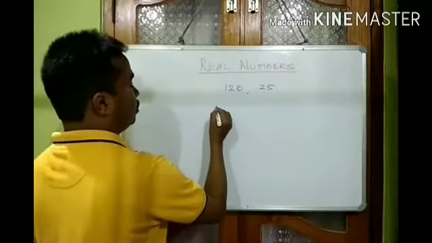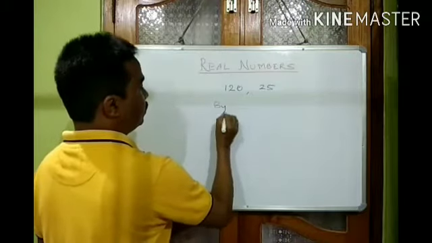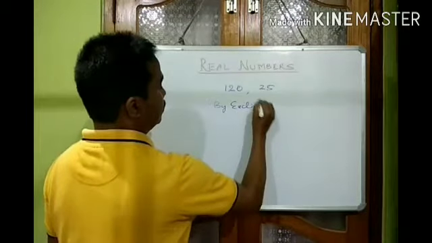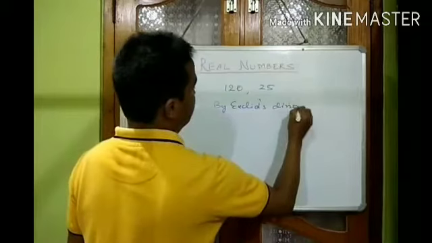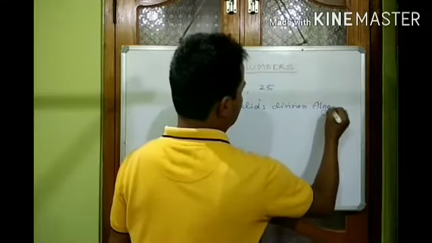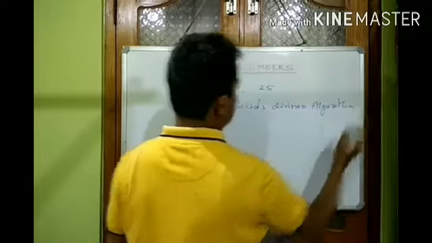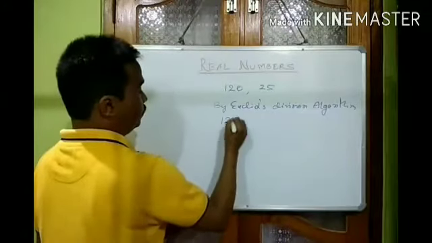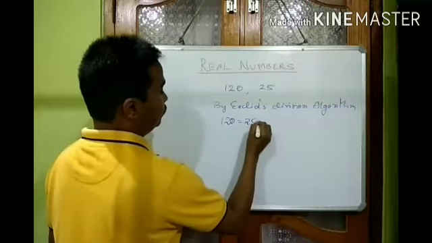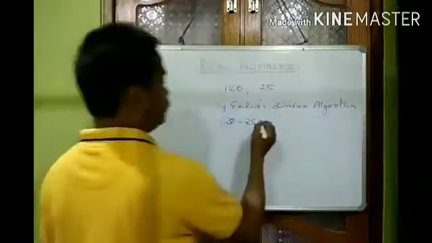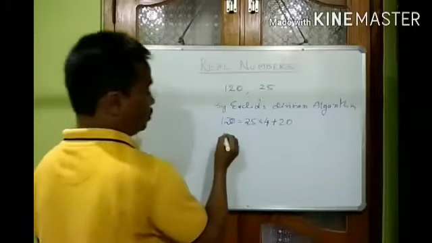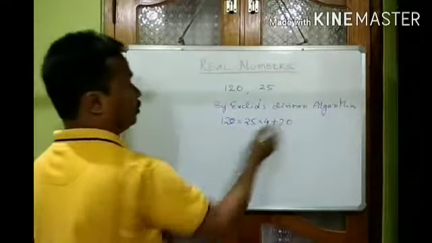By Euclid's division algorithm, 120 is equal to 25 into 4 plus 20. Next, we again apply this division algorithm on 25 and 20.